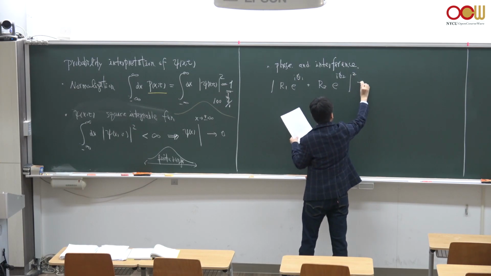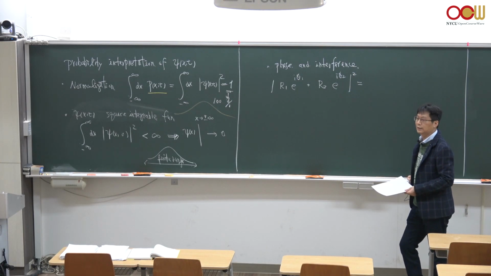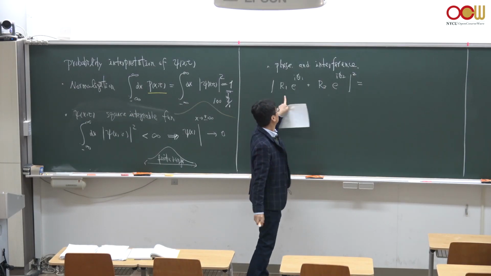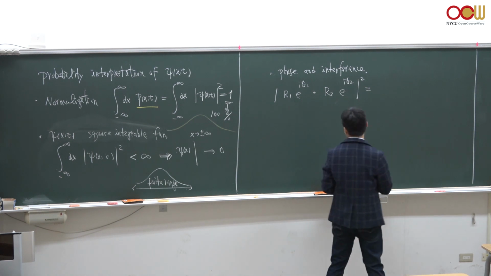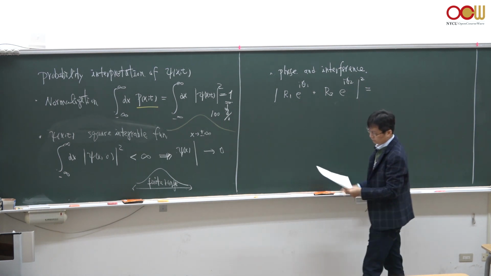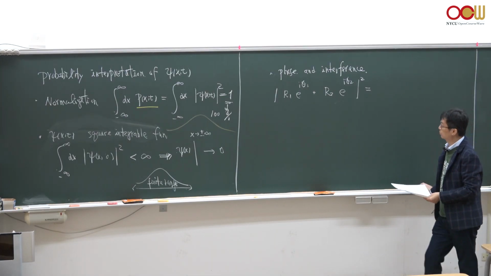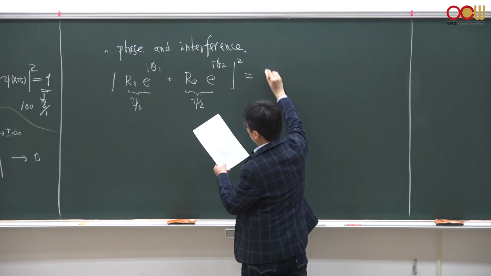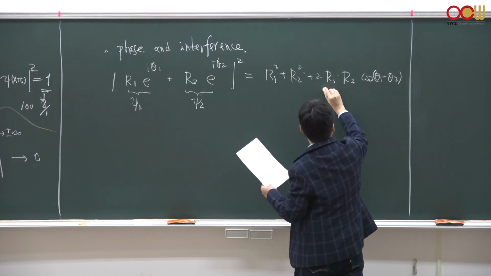When you superimpose two, say, electron wave functions and add them in such a way that they lead to quantum interference, because there's a phase factor, theta 1, theta 2, in each of these wave functions, as a result, you get interference.